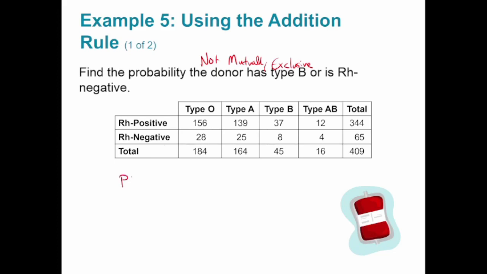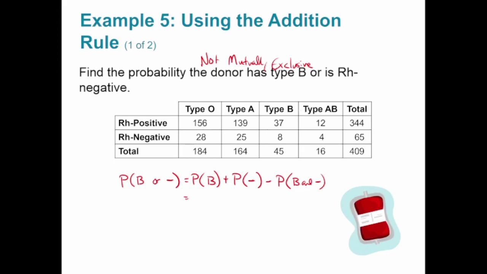So the probability that you have B blood or Rh negative blood is the probability that you have type B blood plus the probability that you have Rh negative blood minus the probability that you have B and Rh negative blood.